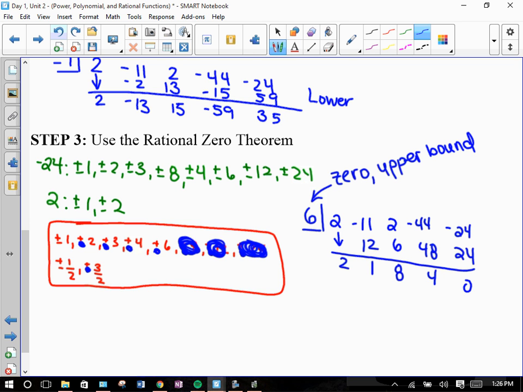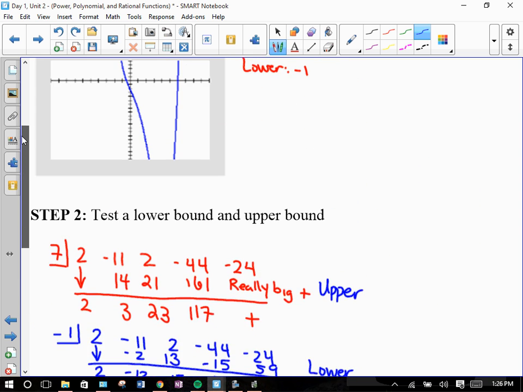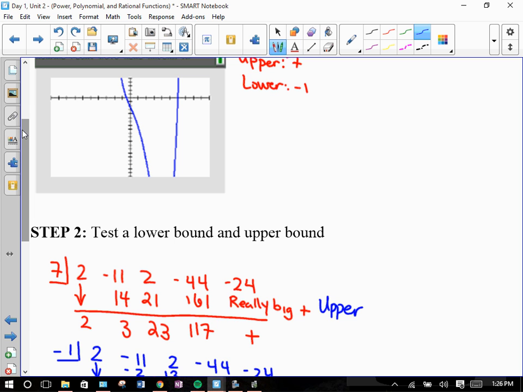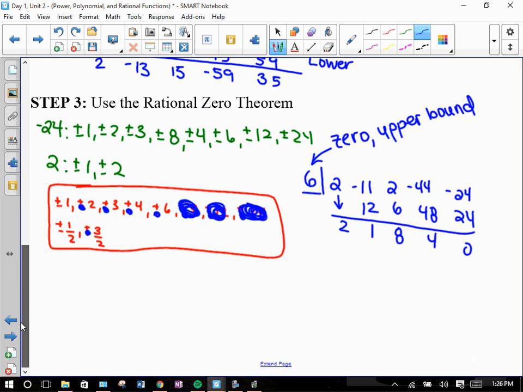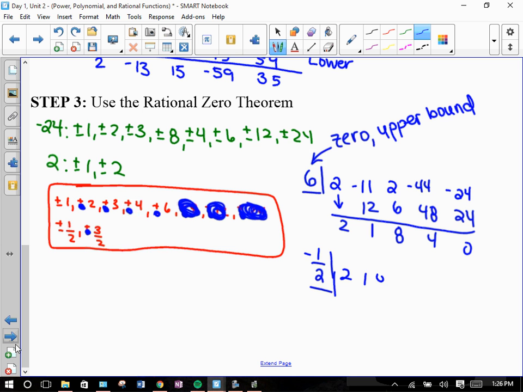Alright. So, next, we see something in between 0 and negative 1 is also 0. The only thing out there is negative 1/2, so I didn't have to try it. Start with this. 2, 1, 8, 4.